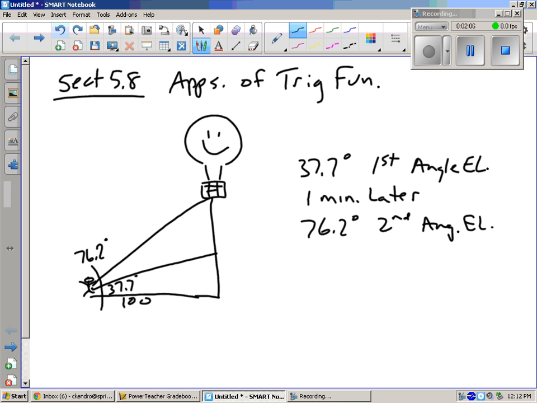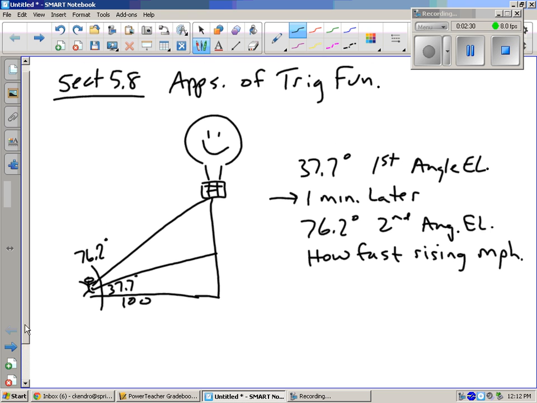So what we want to do is figure out how fast you were going up. First of all, we've got to figure out how far we've traveled. I know it was 1 minute, so we can figure that out in a little bit. We want to figure out how fast you were rising, and we want to put it in miles per hour.